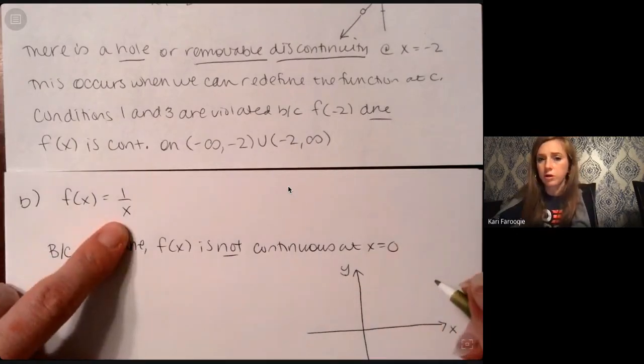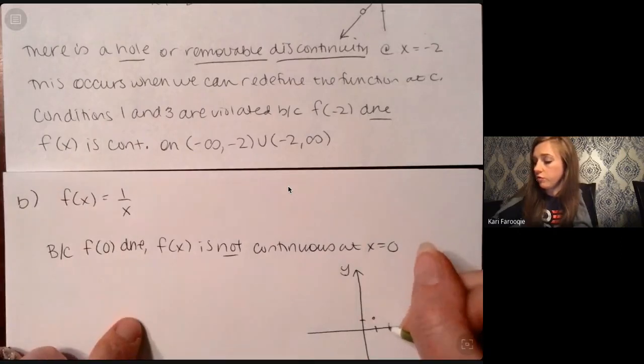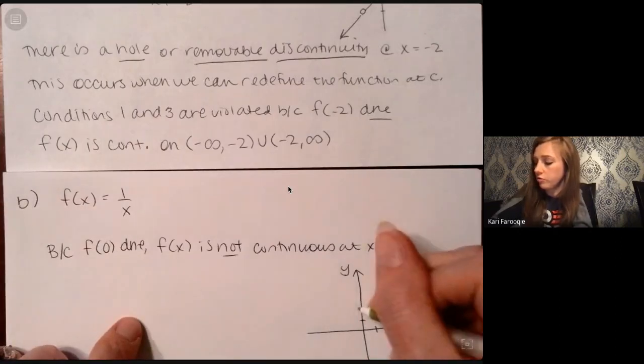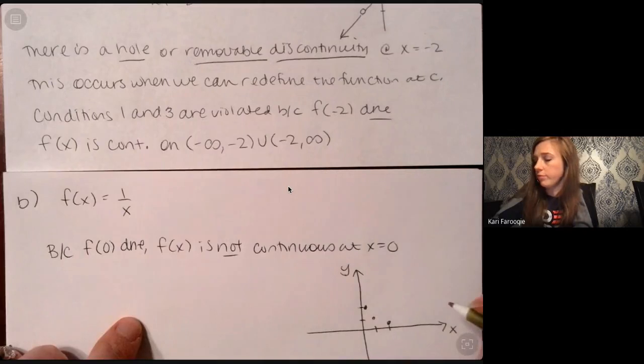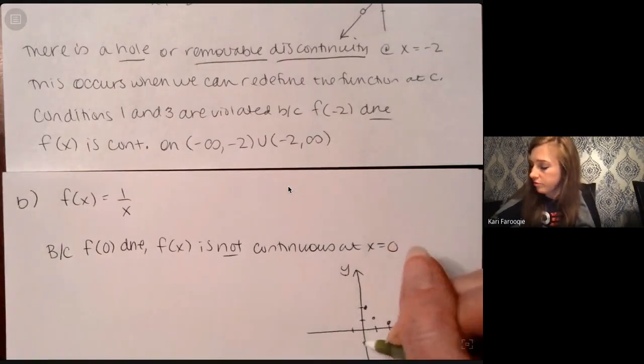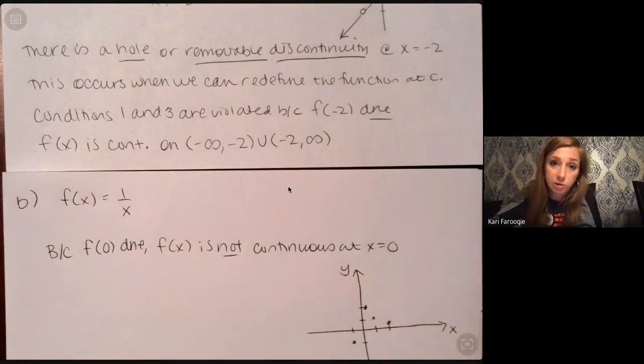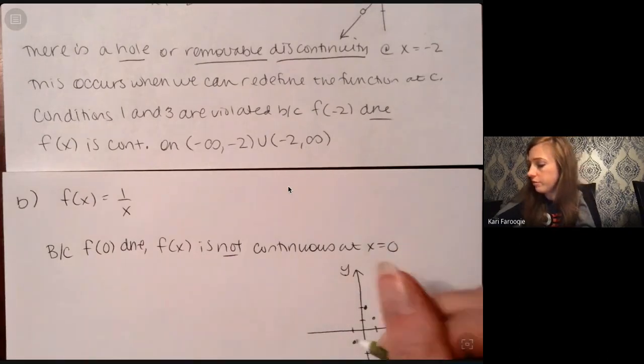If x is 1, f of x is 1 over 1. If x is 2, f of x is a half. If x is a half, f of x is 2. This is called a reciprocal function because the y value is always going to be the reciprocal of the x value.